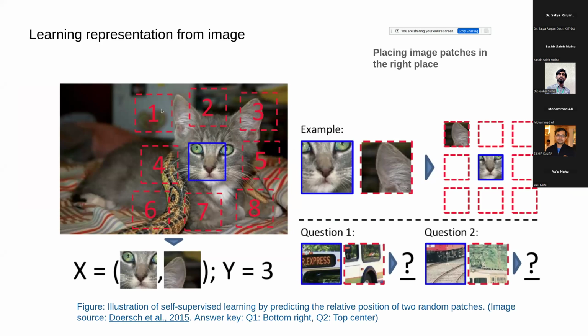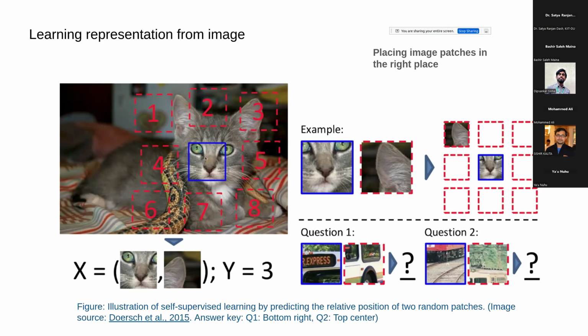I will show the model this first patch, and then ask the model to predict this part. Or I will show the model this part, then ask it to predict this part. Now, while asking the model to predict this part, the advantage is that I know this part because this data is already there. I don't need to label it another way.